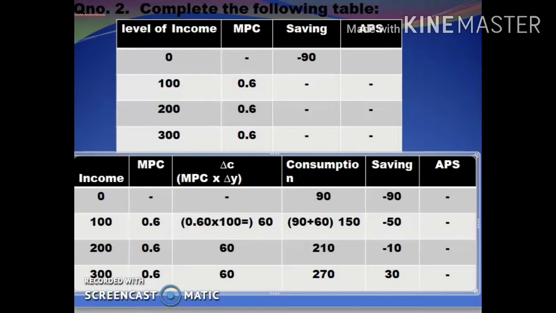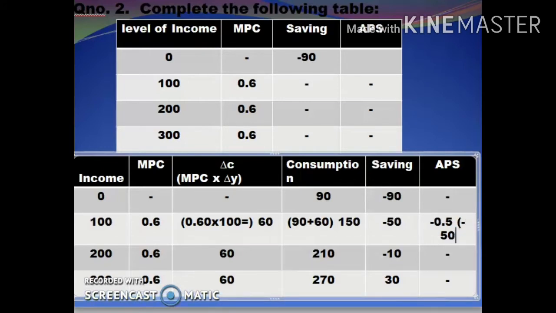Next, APS. APS is S by Y. Minus 90 divided by 0 for the first. Next, minus 50 divided by 100, which is 0.5. You can note down how it comes: minus 50 divided by 100, so it's 0.5.